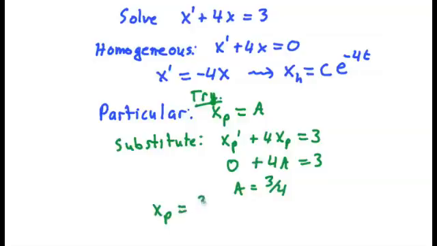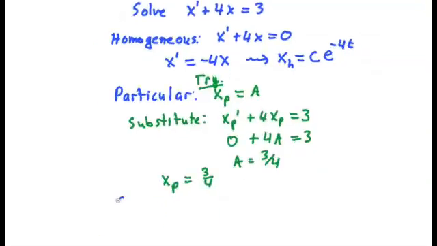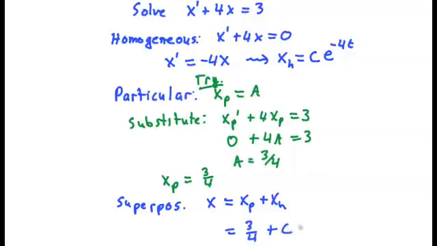X sub p equals 3/4. And now I can use the superposition principle. Superposition, there I'll abbreviate that too, says that my solution x is xp plus xh. I can superposition these particular and homogeneous solutions, and we have that's 3/4 plus c e to the minus 4t.